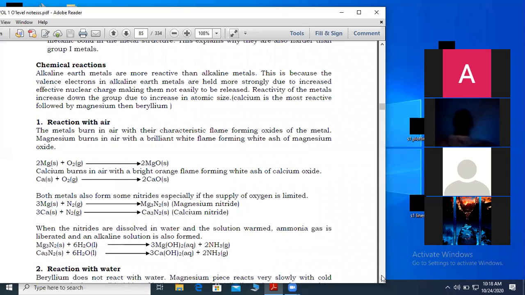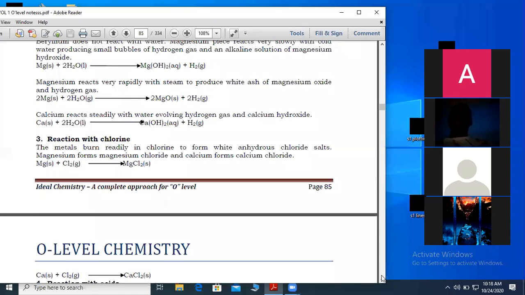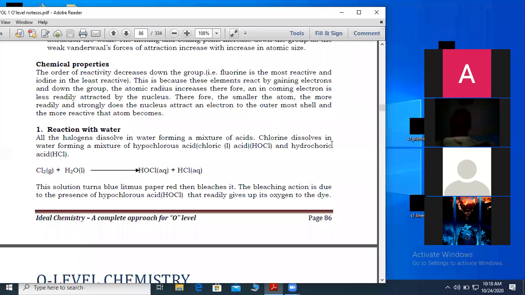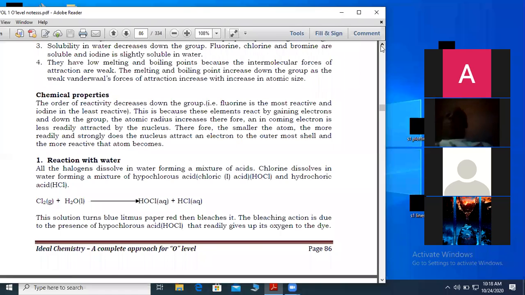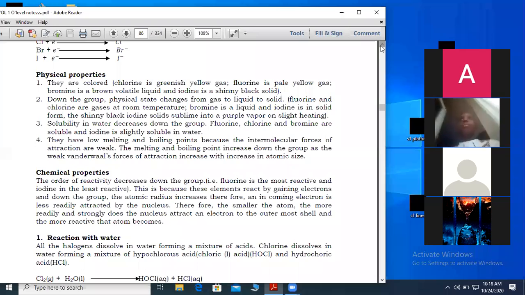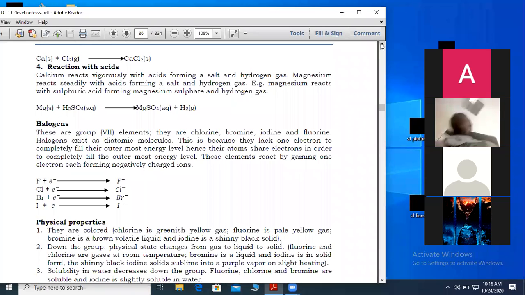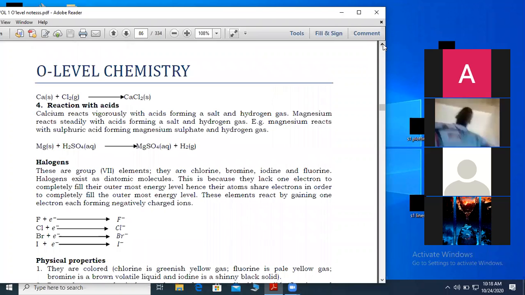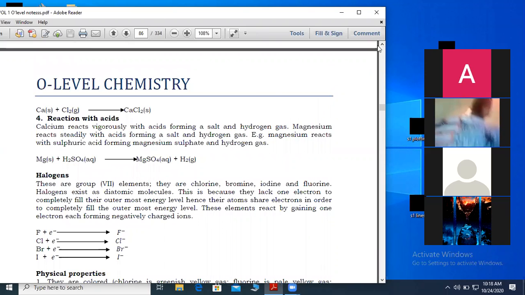Beryllium, magnesium, and calcium. Which one does not react with water? Beryllium. That's correct. And which one reacts with cold water?